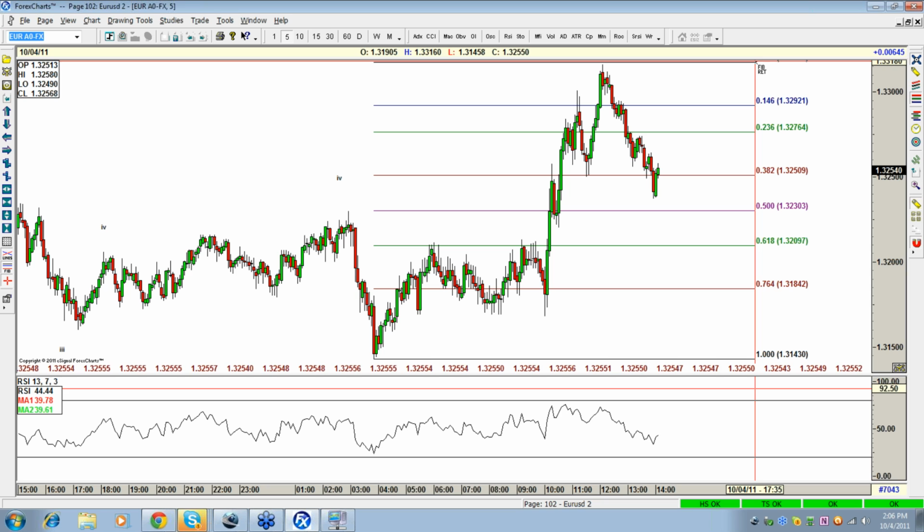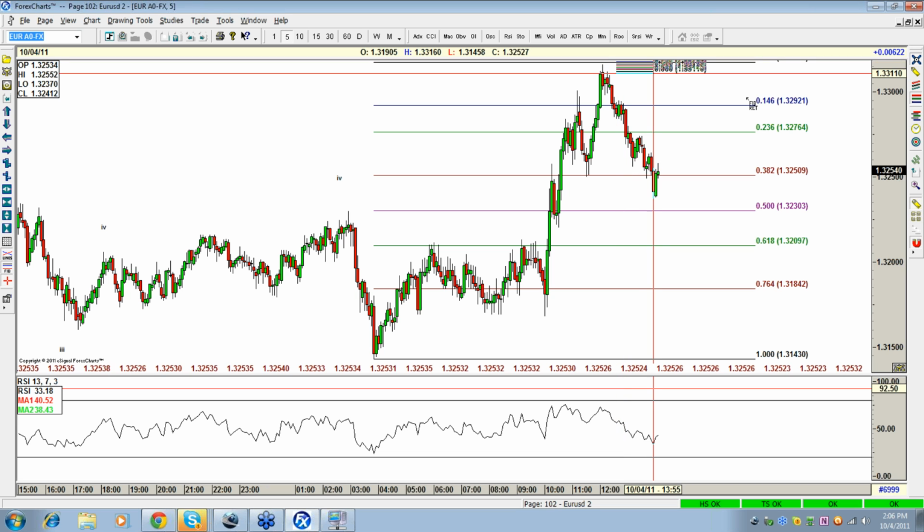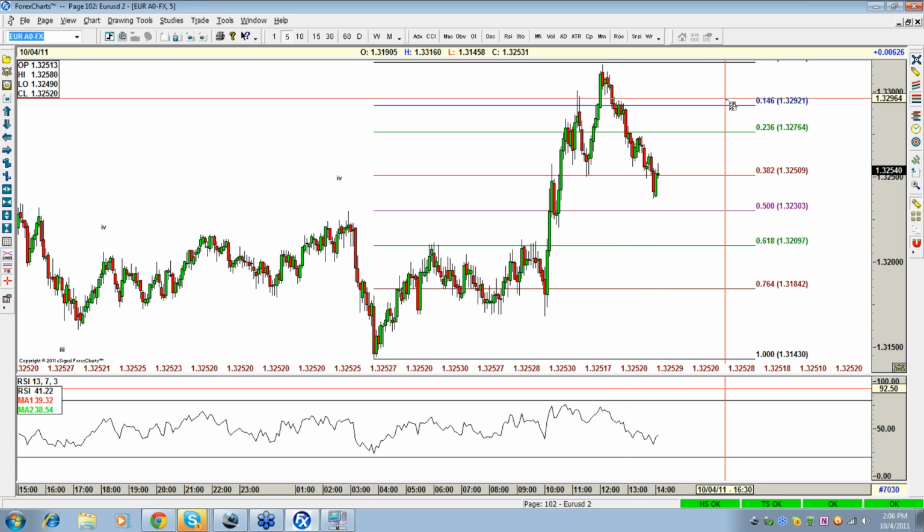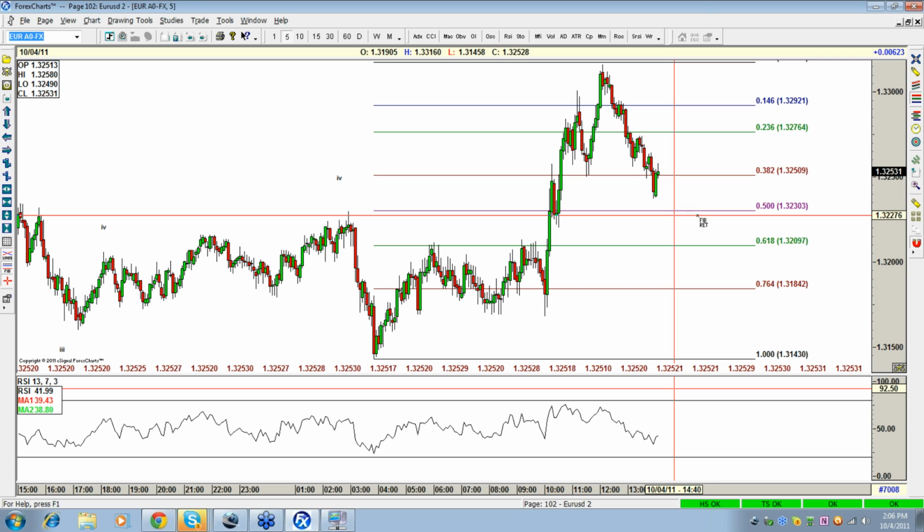It should trade lower. For me, it won't be a B-way unless it reaches 32.30. You follow me?